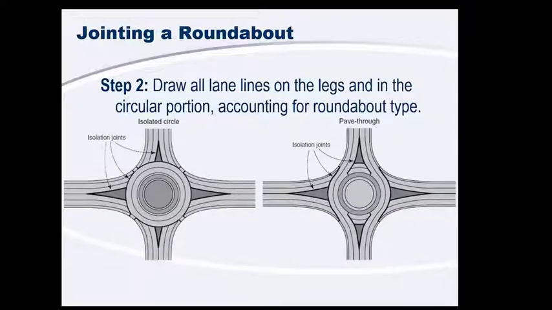Step two, we're going to decide if we want an isolated circle or a pave-through method. You can see here we've isolated the central part of the roundabout from all four of the approaches. In the pave-through method, if you have a big enough radius, you can actually get a slip-form paver in through here to pave that, which can be very helpful. And this also helps guide traffic through here if you have one direction that's more dominant than the other.